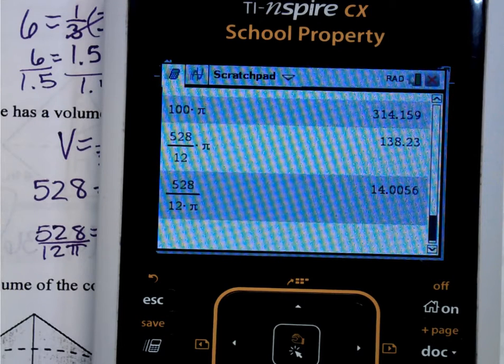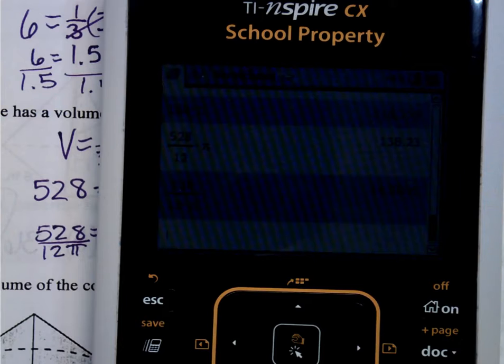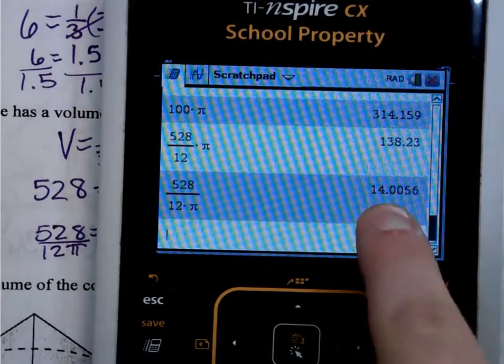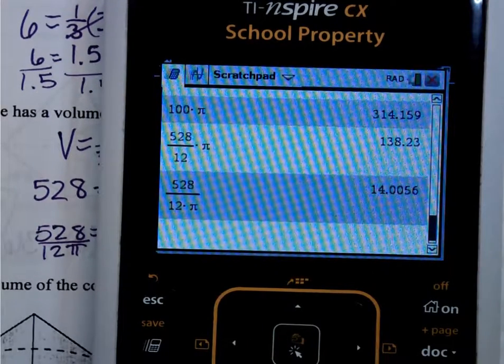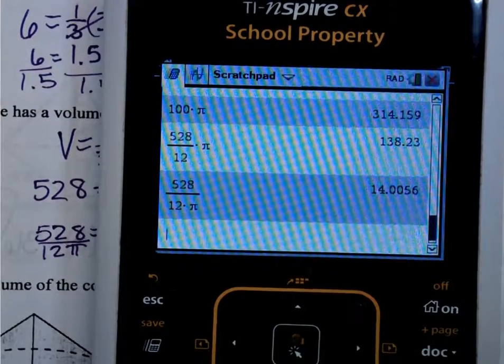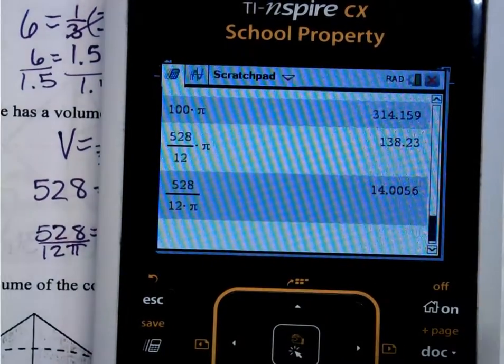This is a big difference between that and that. Because what this is, is 528 divided by 12 and then times pi. It's different. Don't do that on the test or quiz or whatnot. I don't want that because you did everything right. You just put it in the calculator wrong. So don't do that.